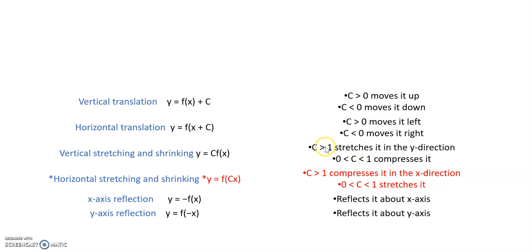If it's bigger than 1, it's vertical stretching, stretching in the y direction. Otherwise, if it's like 1/2, between 0 and 1, it's going to be shrinking it vertically. And also we had translation and reflection.